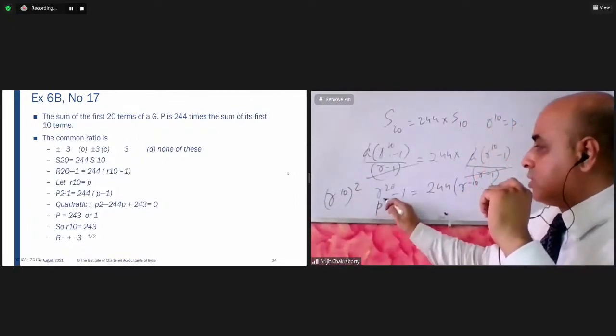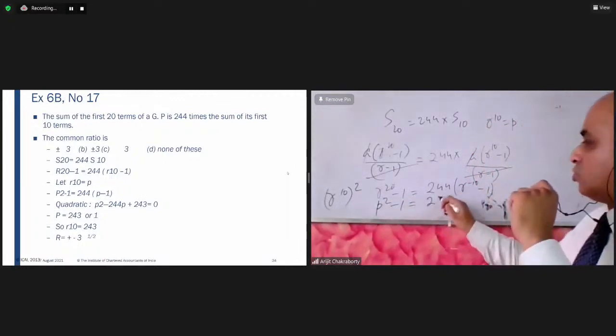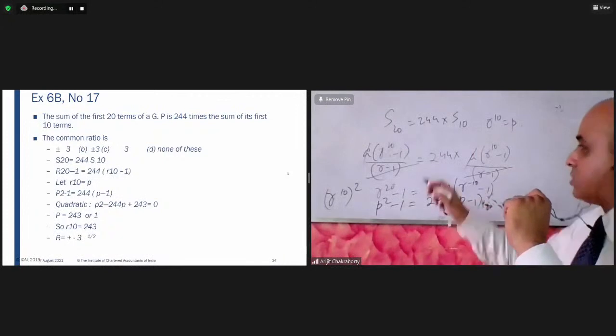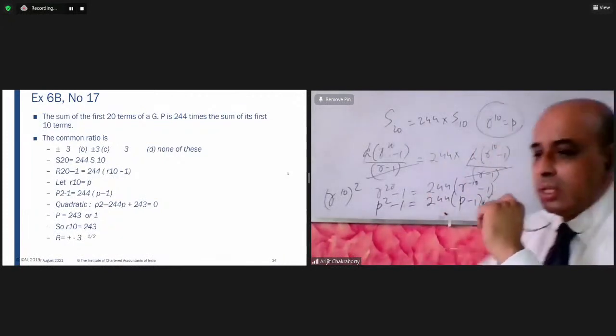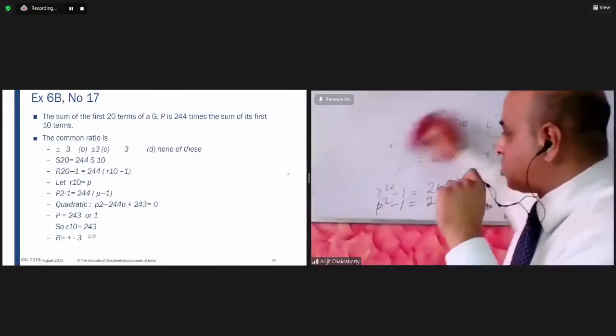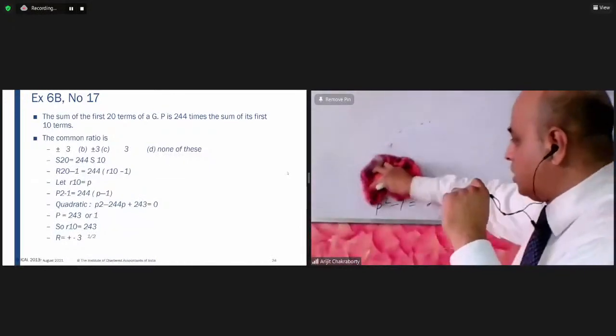So I can write P square minus 1 is equal to 244 into P minus 1, because R to the power 10 is P, which we have taken. So this boils down now to a quadratic equation, and we have to solve it. What have we got?